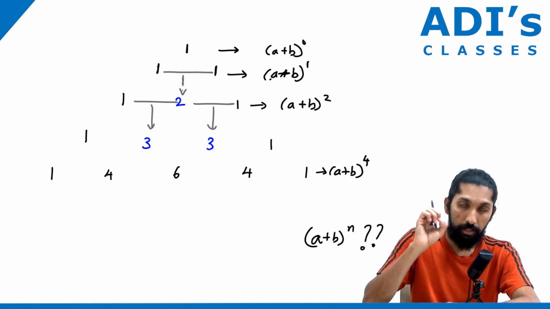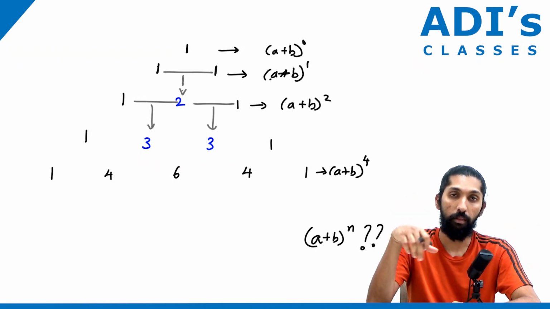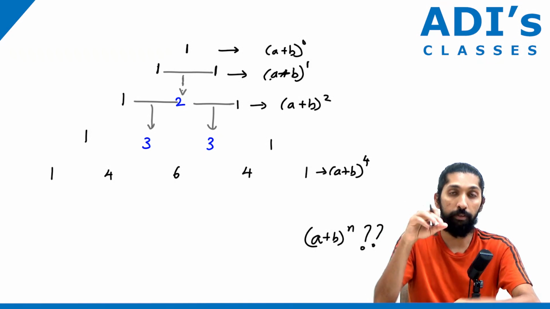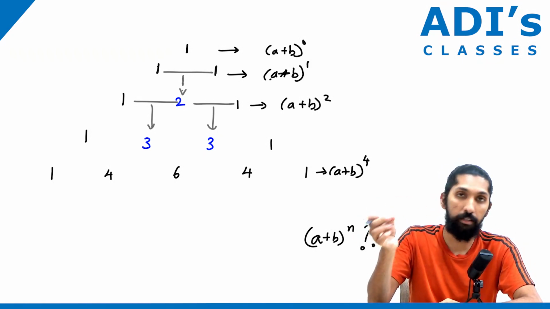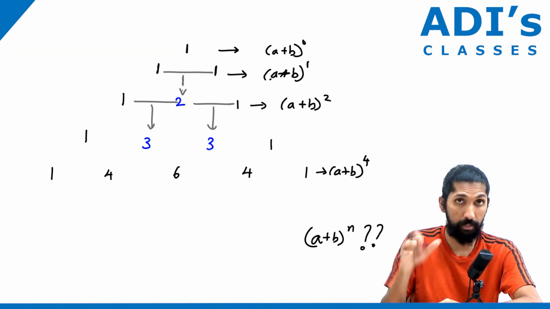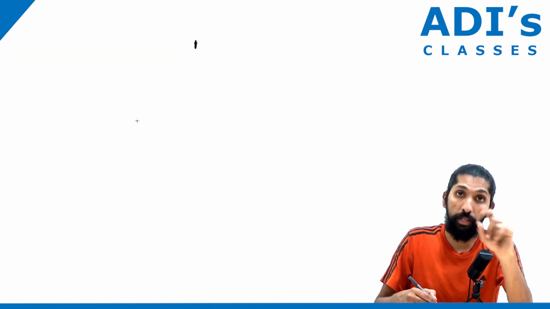Okay, now that you have understood, these are the coefficients. Let me write this in another way with the help of combination. The same Pascal's triangle, alright? First we'll write this as 1. The next one, you have (a + b) power 1, correct?